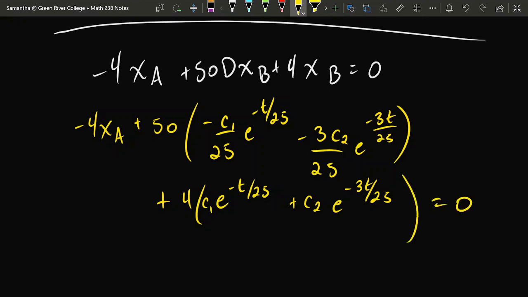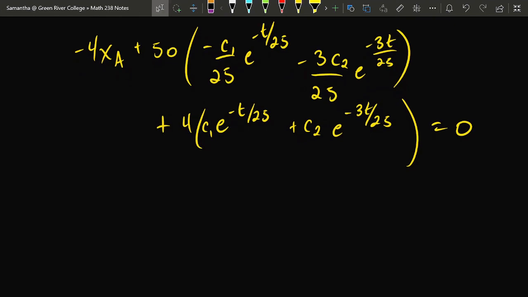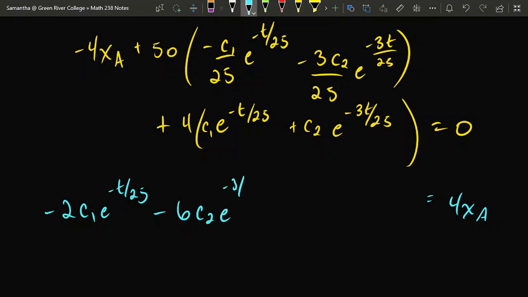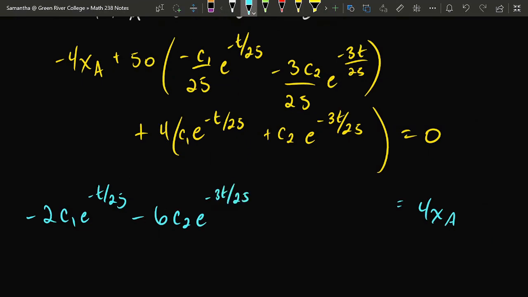Now to rearrange this expression to find the value of x sub a, we have 4xa, I've moved it to the right side, multiply through by 50, so we get negative 2c1 minus 6c2 and in the bottom we have plus 4 c1 e to the negative t over 25 plus 4 c2 e to the negative 3t over 25.